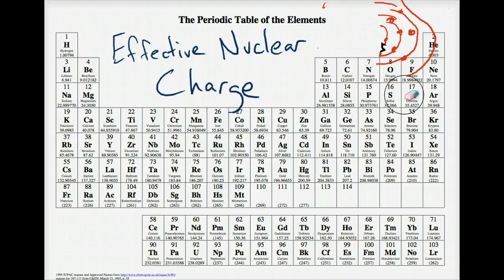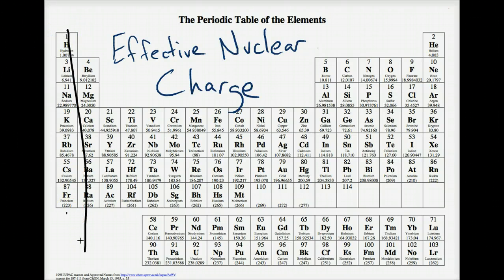That's the whole concept of shielding: your outermost electrons are growing less and less attracted to the nucleus because of all the other shells of electrons in the way. So the trend is, as we go down the periodic table, effective nuclear charge decreases.